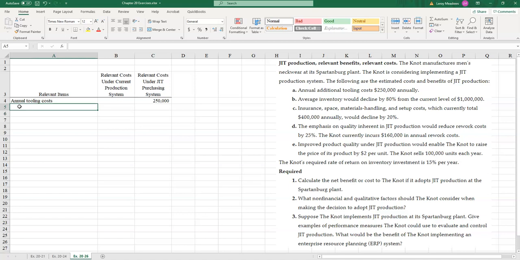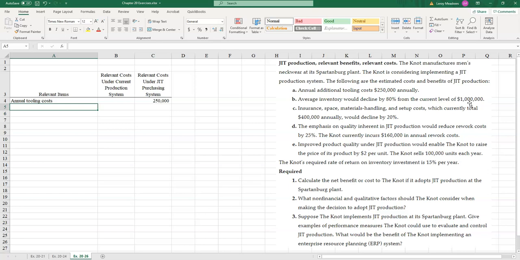Then what happens? Well, average inventory would decline by 80% from the current level of $1 million. So my inventory level is going to shrink from $1 million to $200,000.